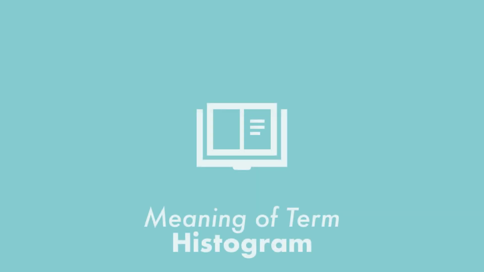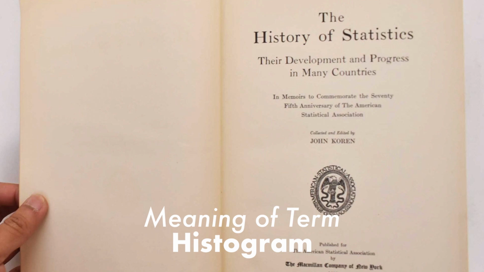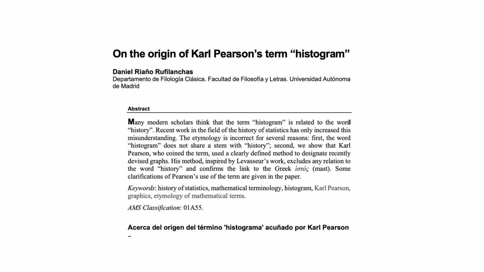Another thing is that many people think that the term histogram is related to the word history. In fact, authors and researchers from the field of the history of statistics have shown that this is probably not true, and that the link is not so clear. They argue that the histogram does not share a stem with the word history.